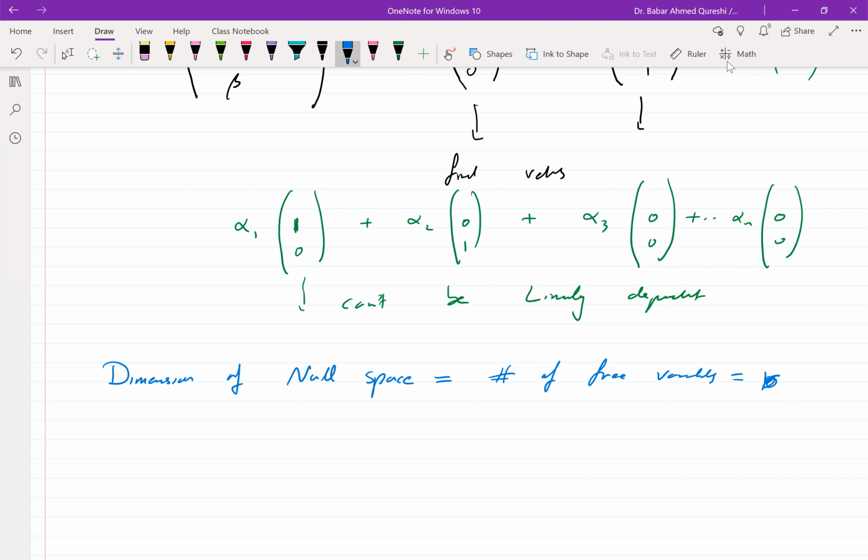No, we didn't call it r, we called it n minus r. So this is the nullity. And we wrote this equation that n minus r is equal to the number of free variables, so n minus r is equal to the nullity.